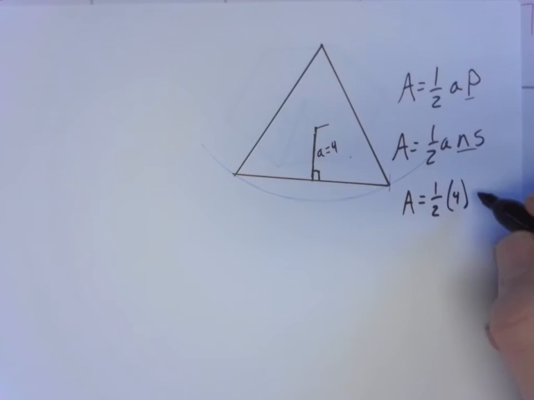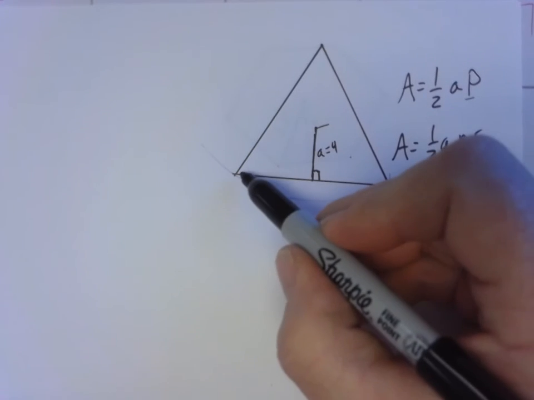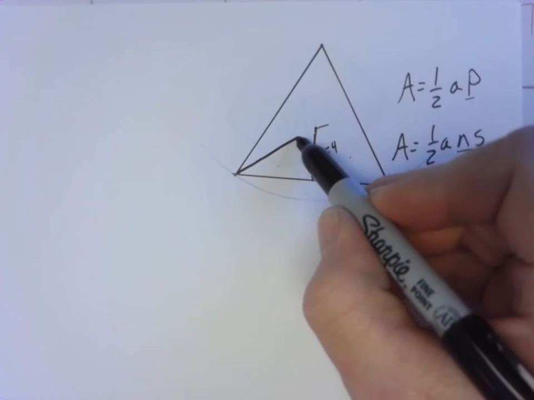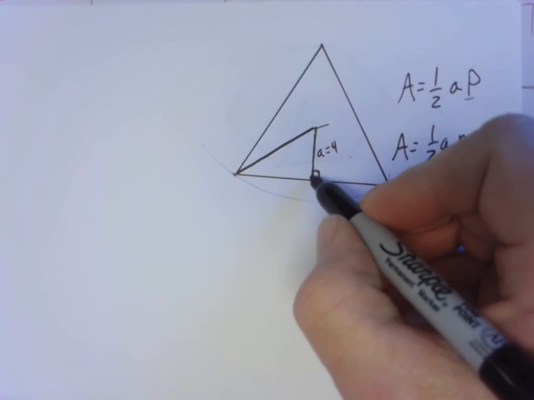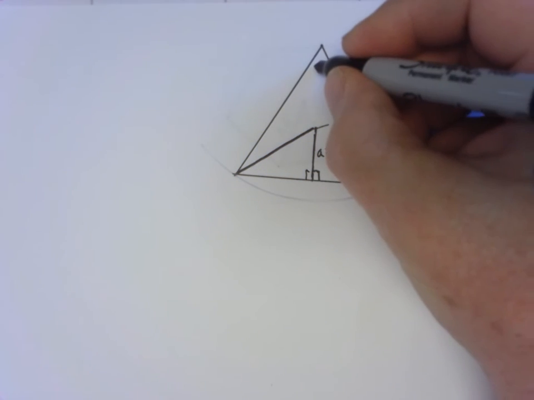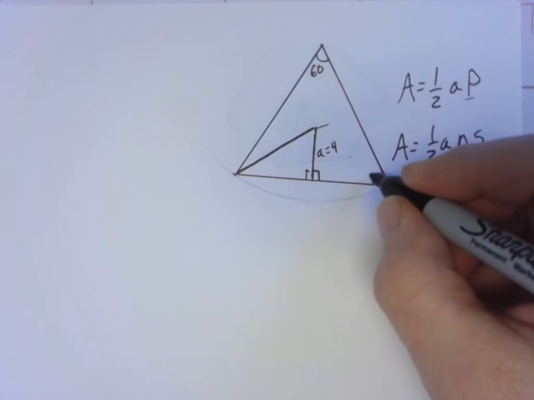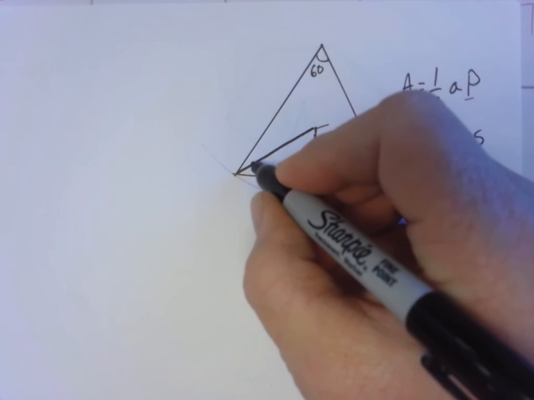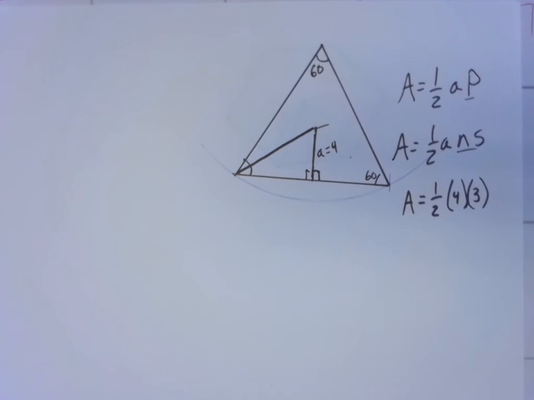Okay, we already know that the number of sides is 3, and all we need to figure out is the length of a side down here, and this is actually doable for you. Okay, because when we draw a radius in, let's think about what type of triangle that we get right here. Okay, so we know that each of these angles is 60 degrees. Okay, so that one right there is 60 degrees.